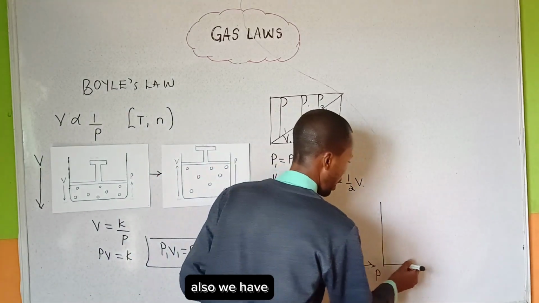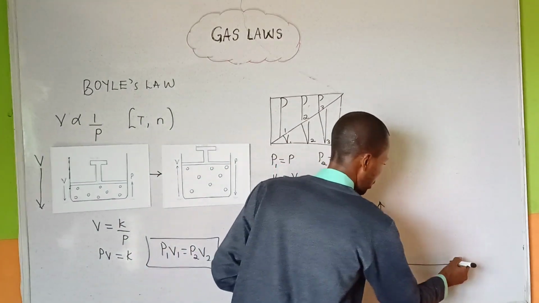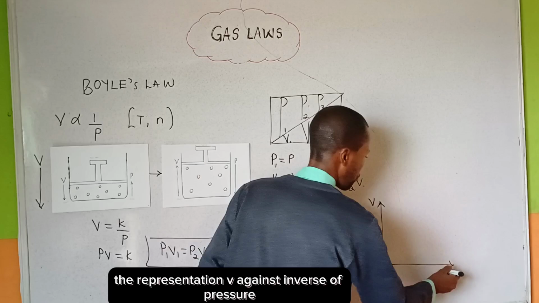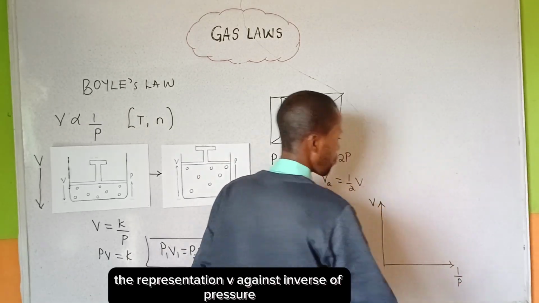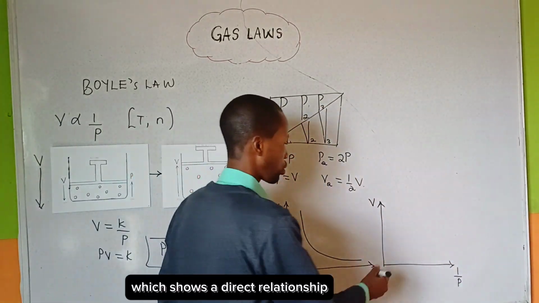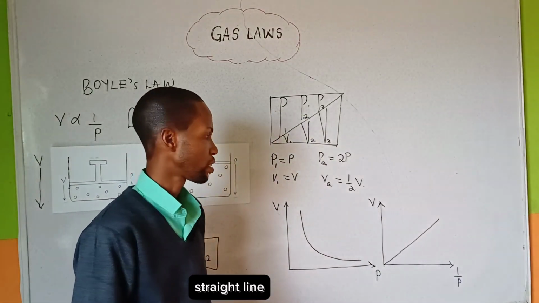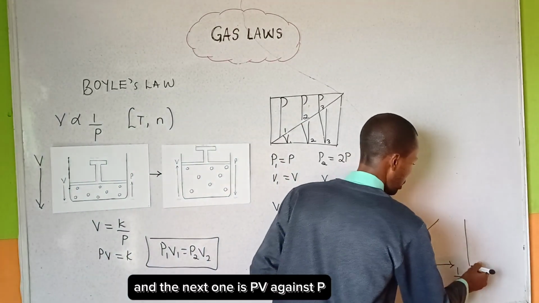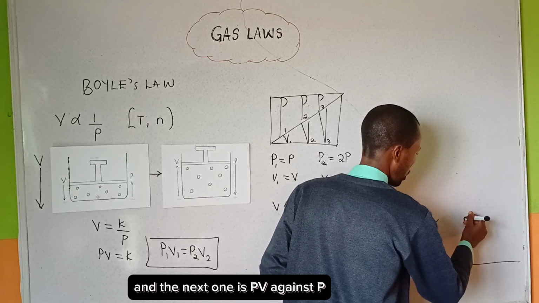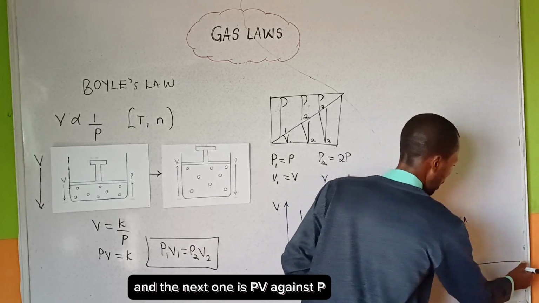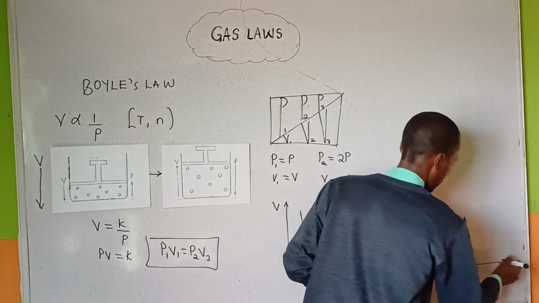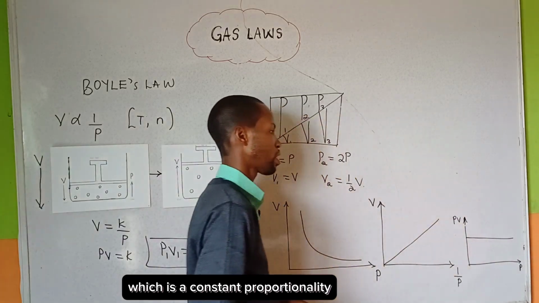Also, we have the representation of V against the inverse of pressure, which shows a direct relationship, a straight line. And the next one is PV against P, which is a constant.